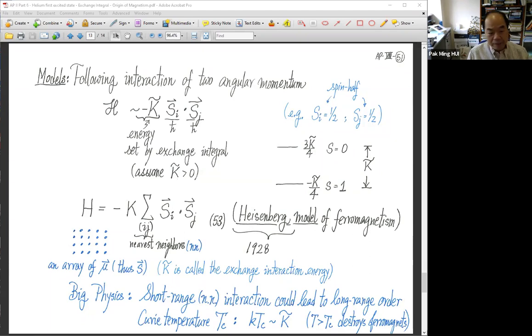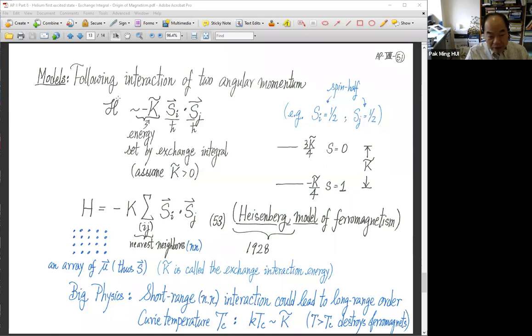If we consider only two spins, then we know what to do: aligned with one energy that is lower, anti-aligned with another energy that is slightly higher. Okay? And then it is easy to construct such a model of two spins.